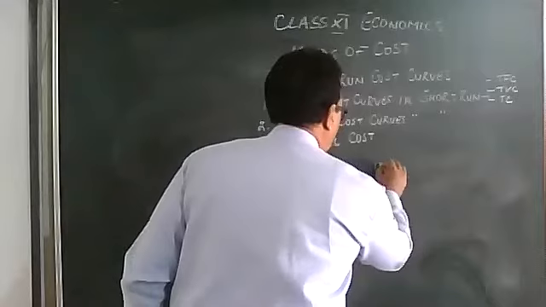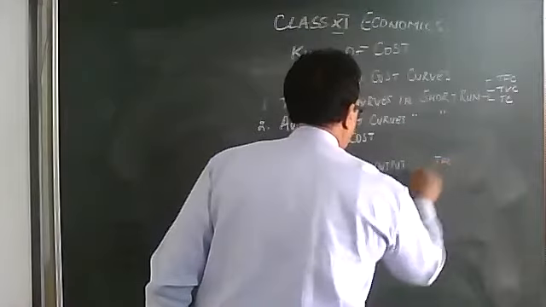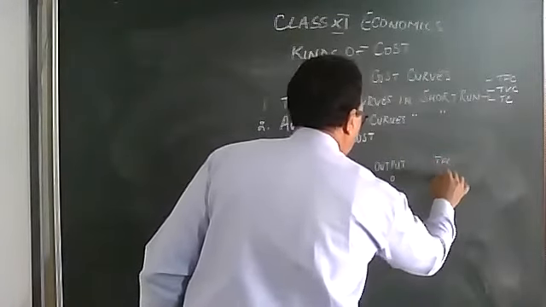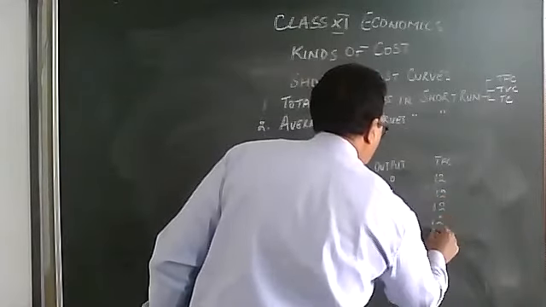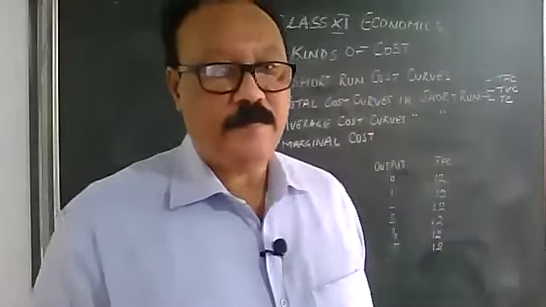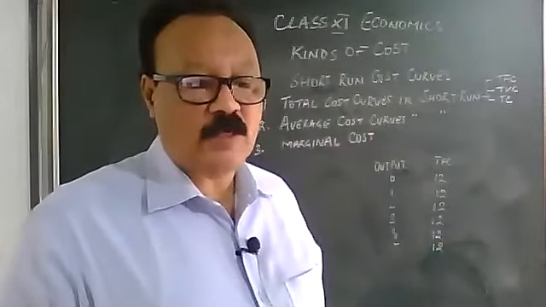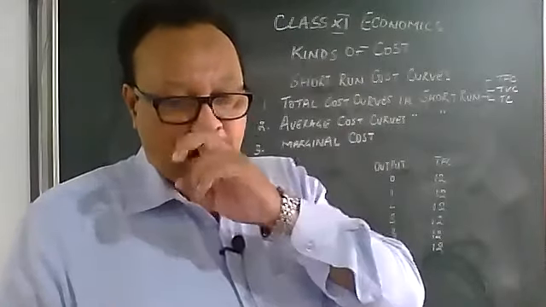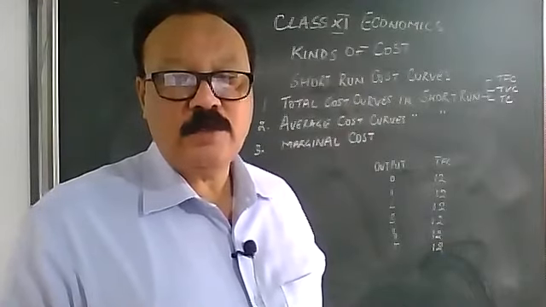Example, suppose we have output here and total fixed cost, 0, 1, 2, 3, 4, 5. Let's say the cost is 12. It will remain 12 for all output levels. Total fixed cost remains constant, that is 12 for the entire range of output.